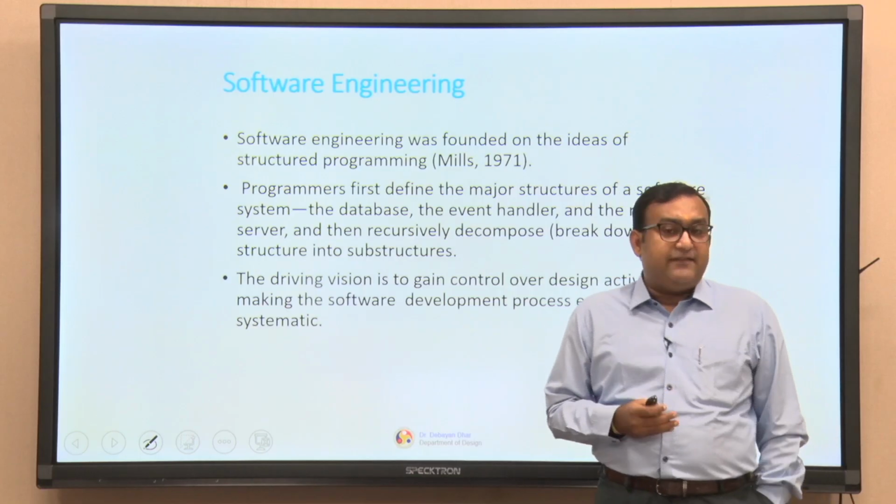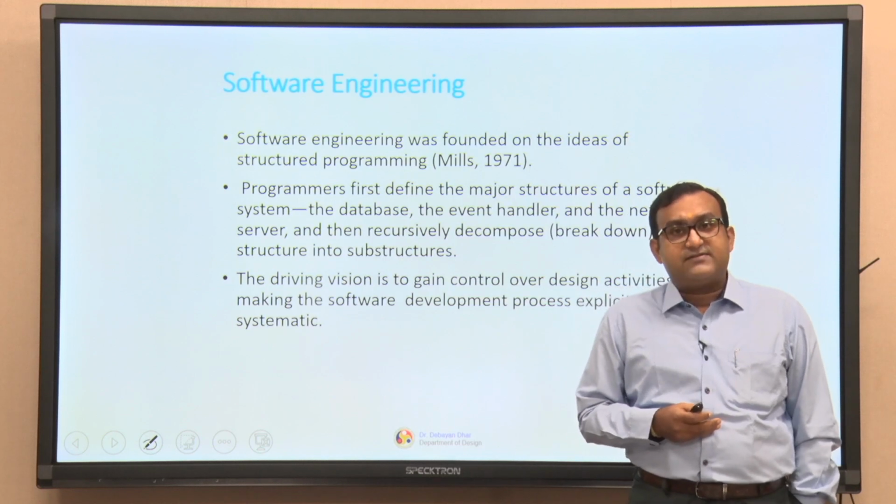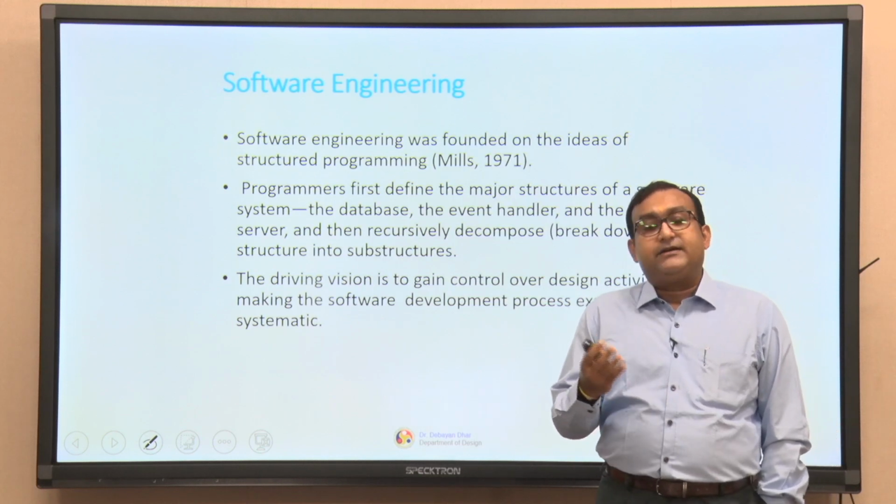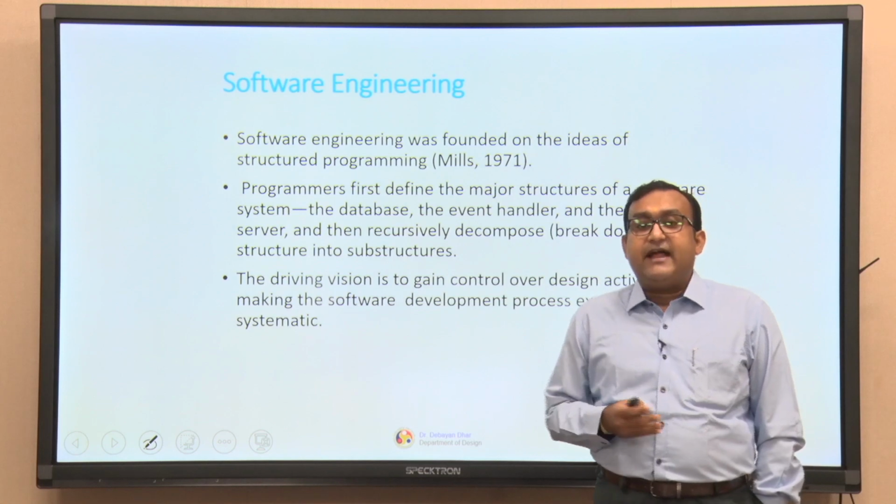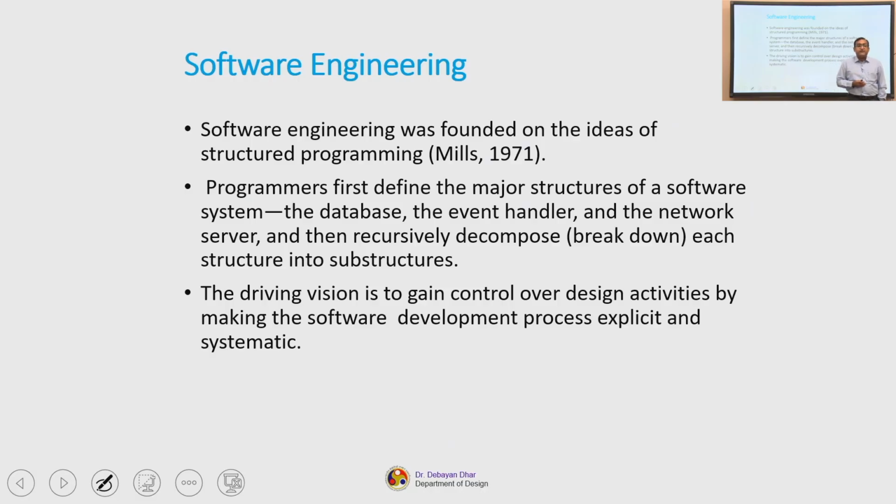Programmers first defined the major structures of a software system, like the database, the event handler, the network server, and so on, and then recursively decomposed, that is, broke down, each of these structures into substructures. The driving vision was to gain control over design activities by making the software development process explicit and systematic.